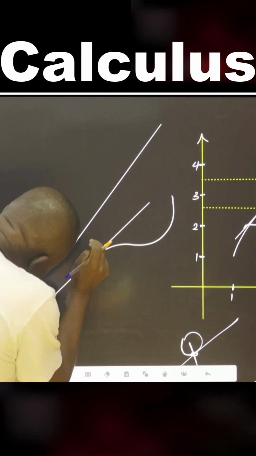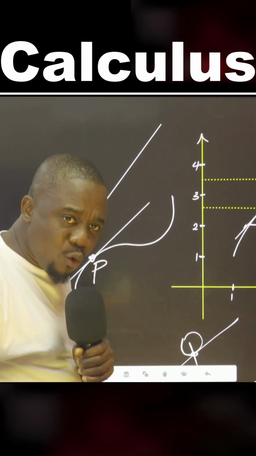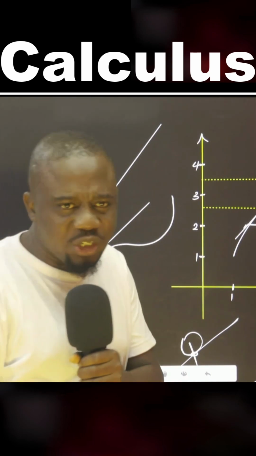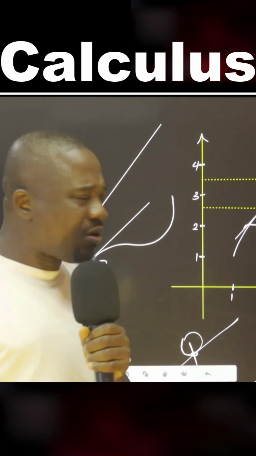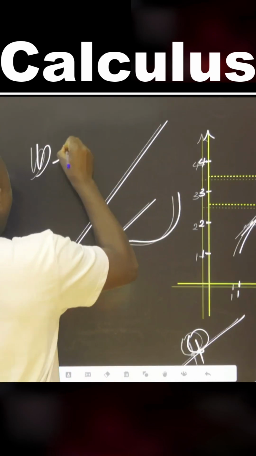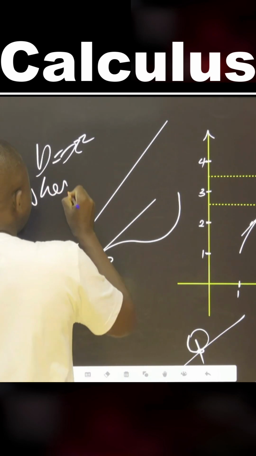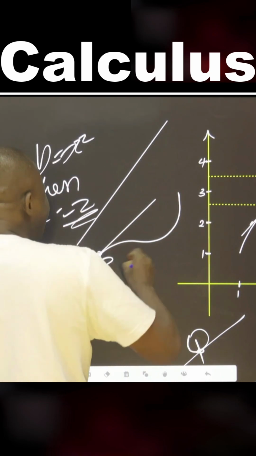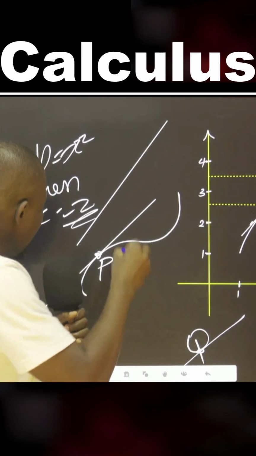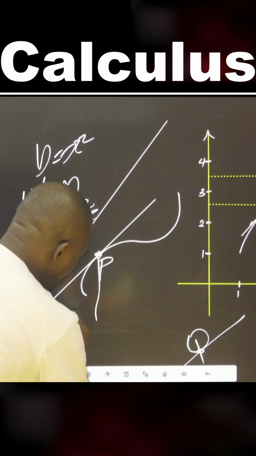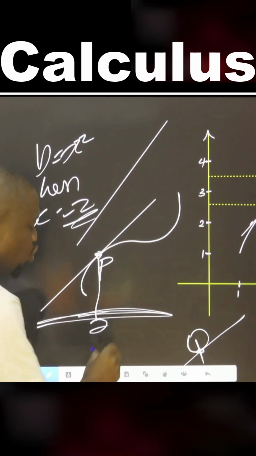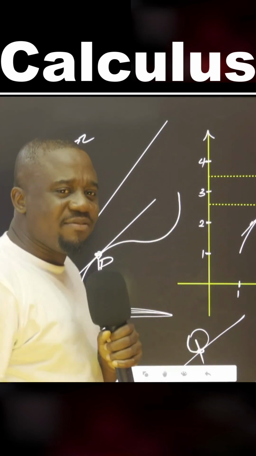The point at point 2, at point 3, when x is equal to 3. You will see those types of questions. Calculate the derivative of y equals x squared, that is when x equals 2, that is at point P. This P now is on the x-axis. P is 2. Calculate the derivative.